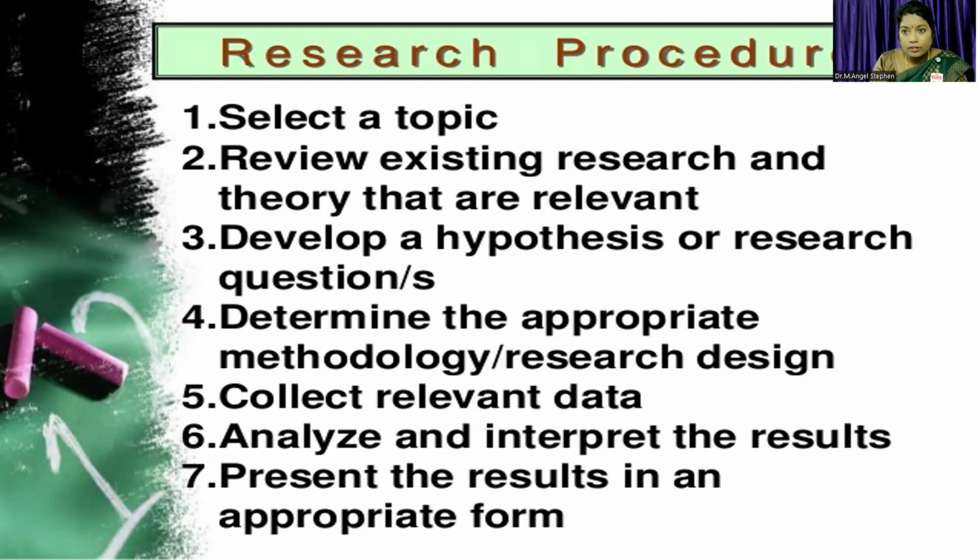Such articles can be reviewed in relation to your topic, and the existing research can be framed out. You can find out what work has been carried out previously, what is going on currently, what is the need in this area, and which one is the lacuna. According to that, you can frame the way of research.